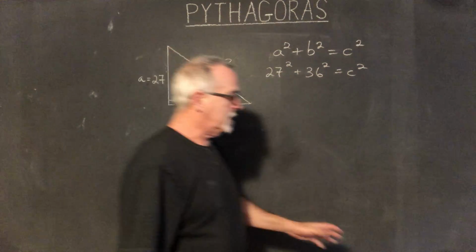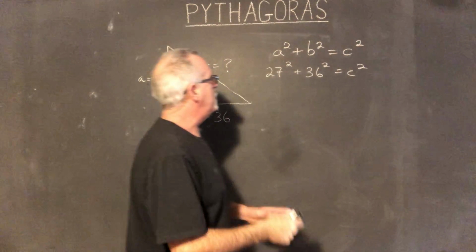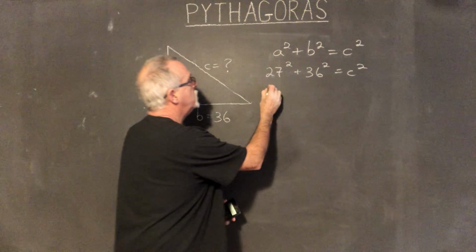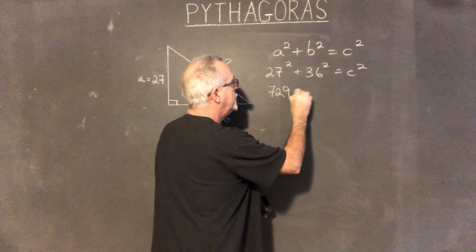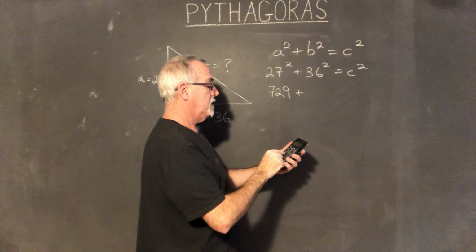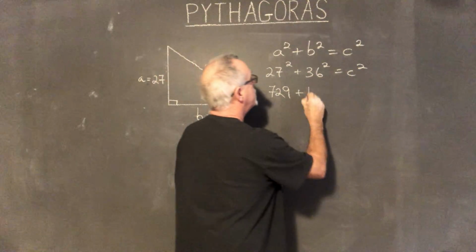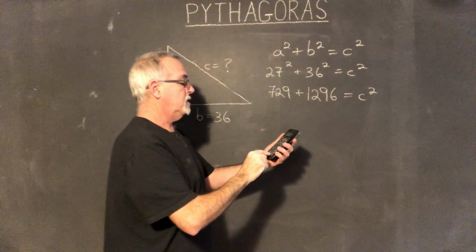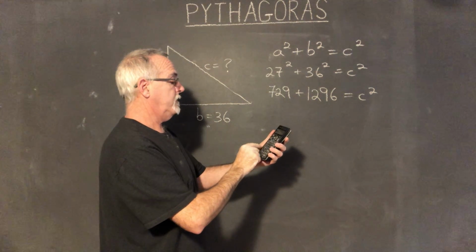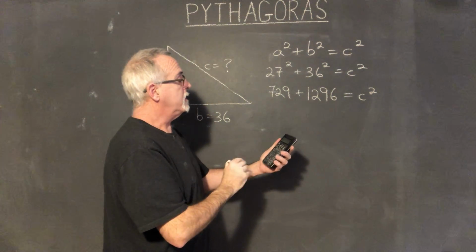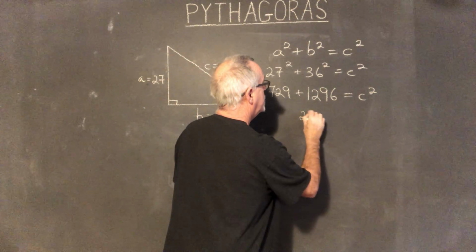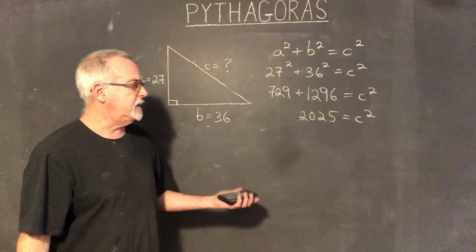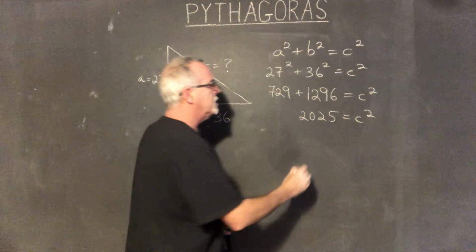Okay, now this is starting to feel more like a math problem. What is 27 squared? 729. And 36 squared? 1,296. When I add those two together, 729 plus 1,296 equals 2,025, which equals c squared. So therefore c has to be equal to the square root of 2,025.